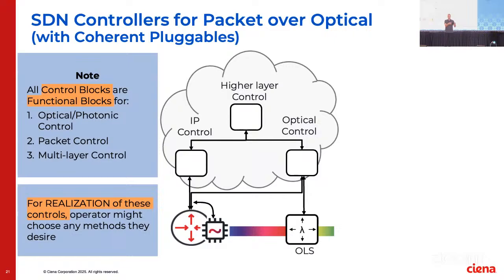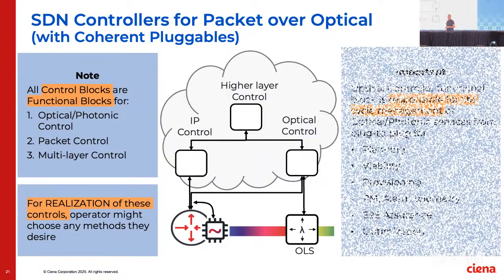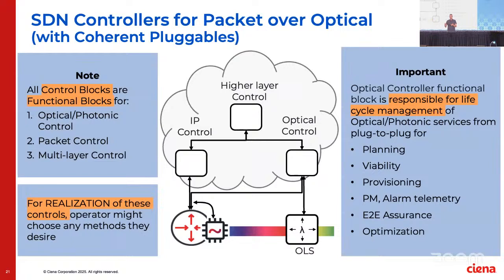It doesn't really matter for the discussion here. And the important aspect, at least for the optical side here, is that the optical control block should basically do all these things: planning, viability, provisioning, collection of the telemetry, and so forth. It's a very important aspect to consider as a part of that logical entity.